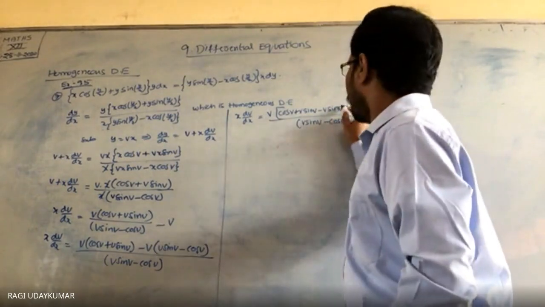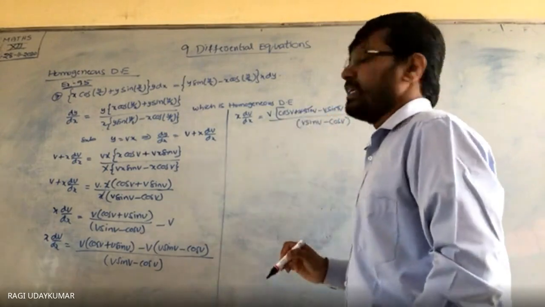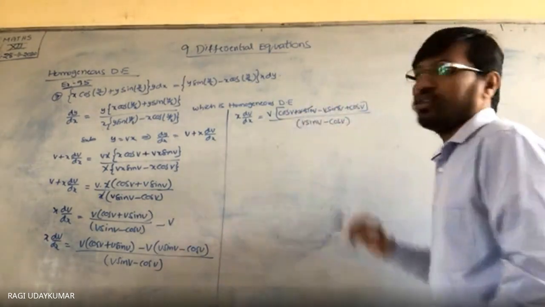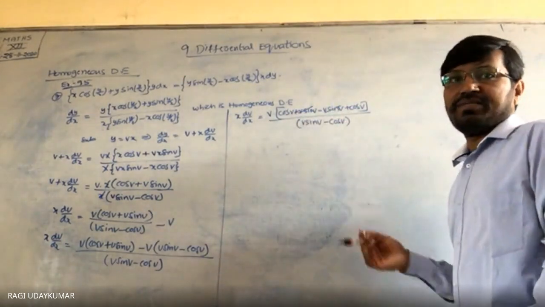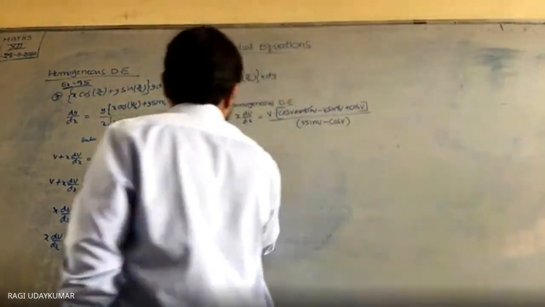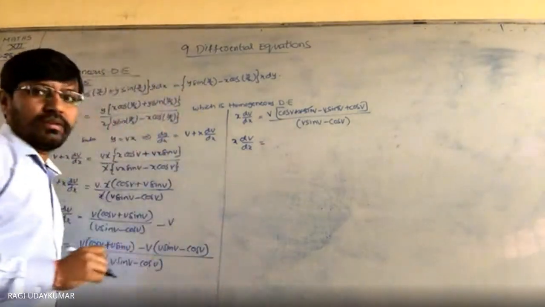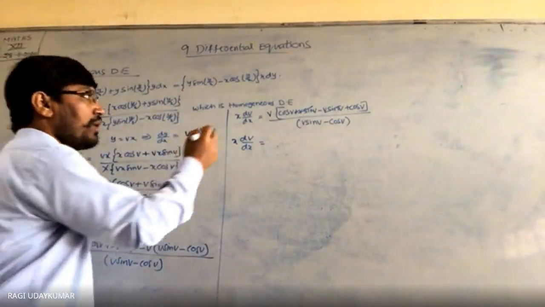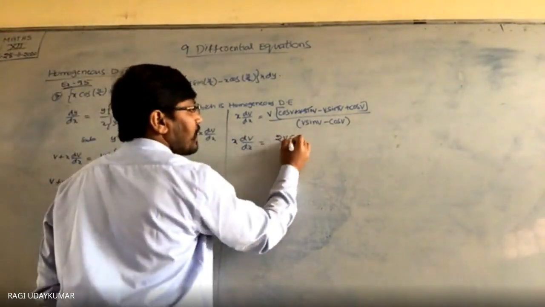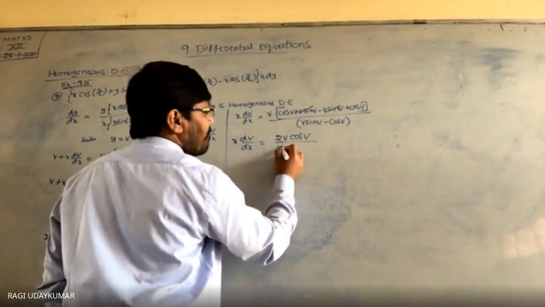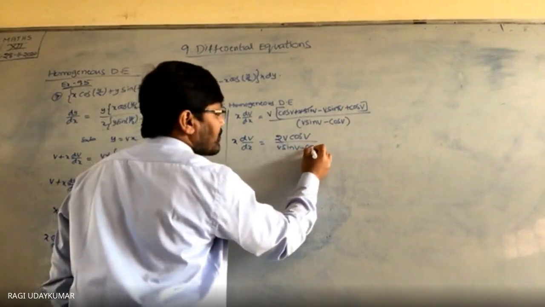So here v sin v will get cancelled. cos v is two times, so you are going to get 2v cos v. So x dv by dx is equal to 2v cos v by v sin v minus cos v.